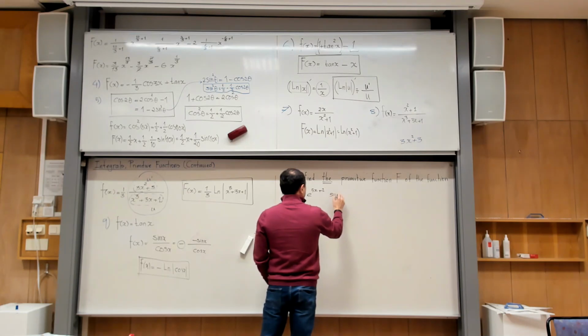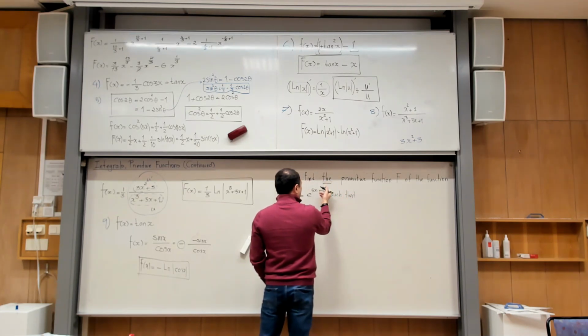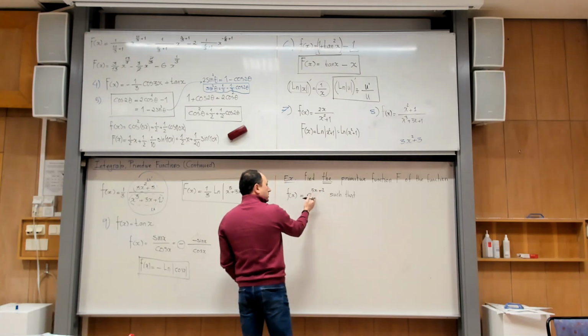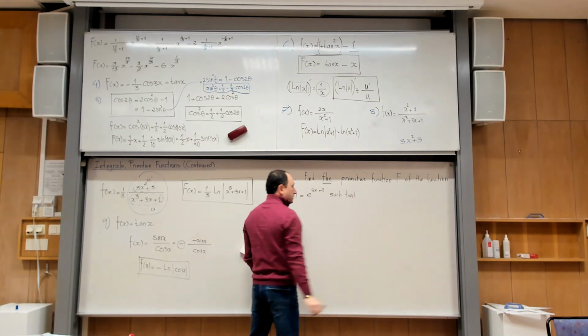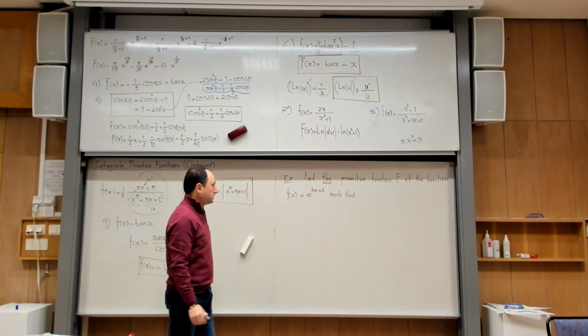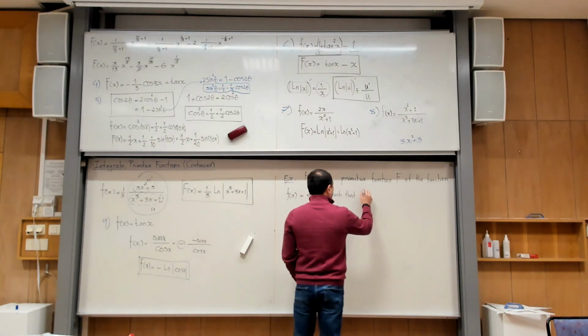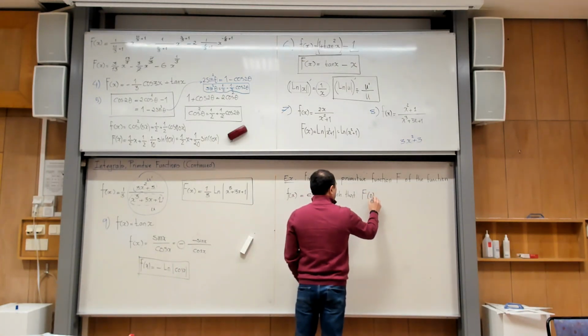such that, you see, when I use this article there, I cannot stop the problem there. I have to give you extra information, such that, for example, f of 0 is 7.